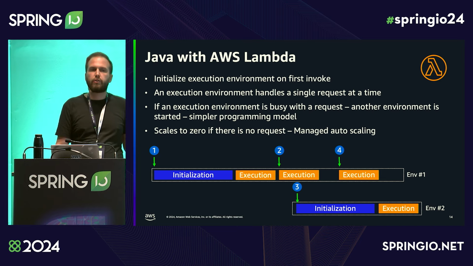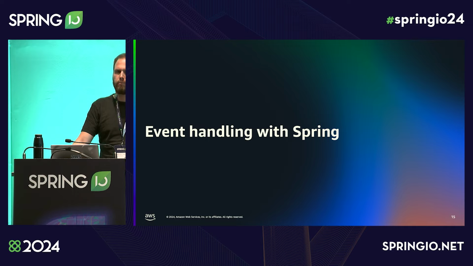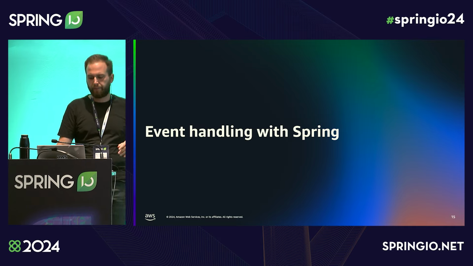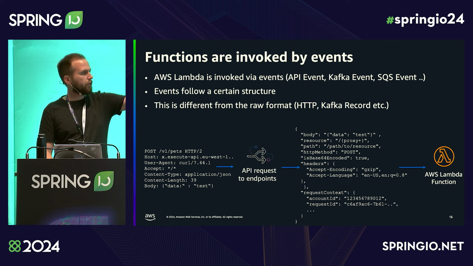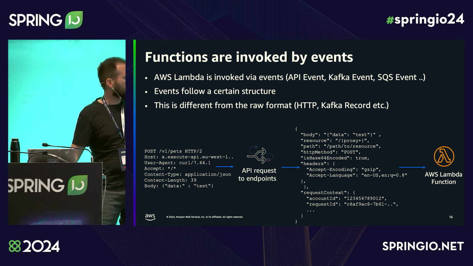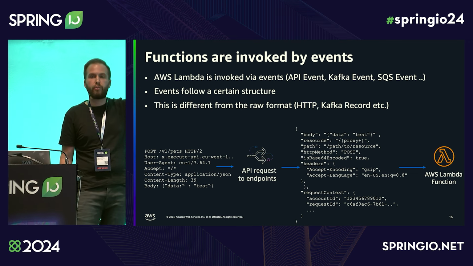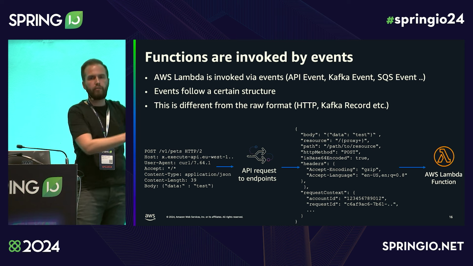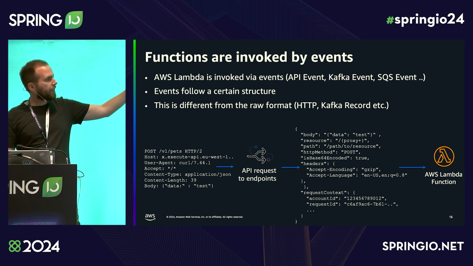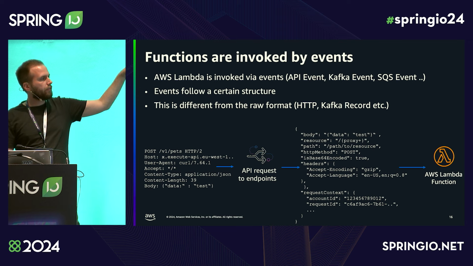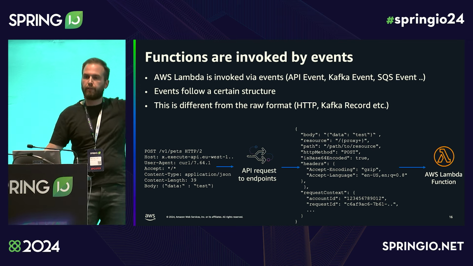But we wanted to see now how we can develop those functions with Spring. And I think I told you a lot about how those functions are being invoked. I said it's not a plain HTTP request that you receive anymore. You actually always receive a dedicated JSON payload. And that changes. If I get it from an API gateway or a function URL, I get that specific JSON.